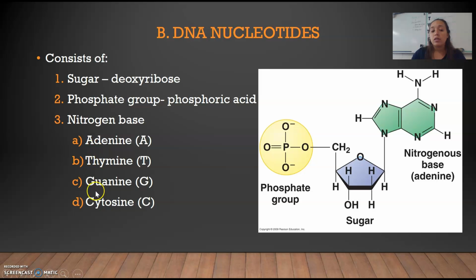Take a second and try to say these out loud to yourself. That will help you to remember. Also, the phosphate group and the sugar will be the sides of the ladder, and the nitrogen base will be the rung of the ladder, and that was a question yesterday, and you guys literally built this.